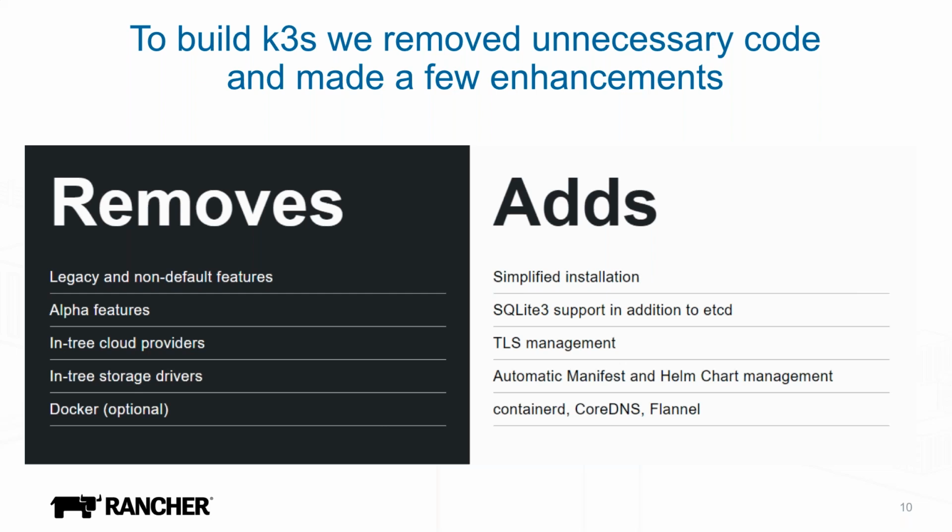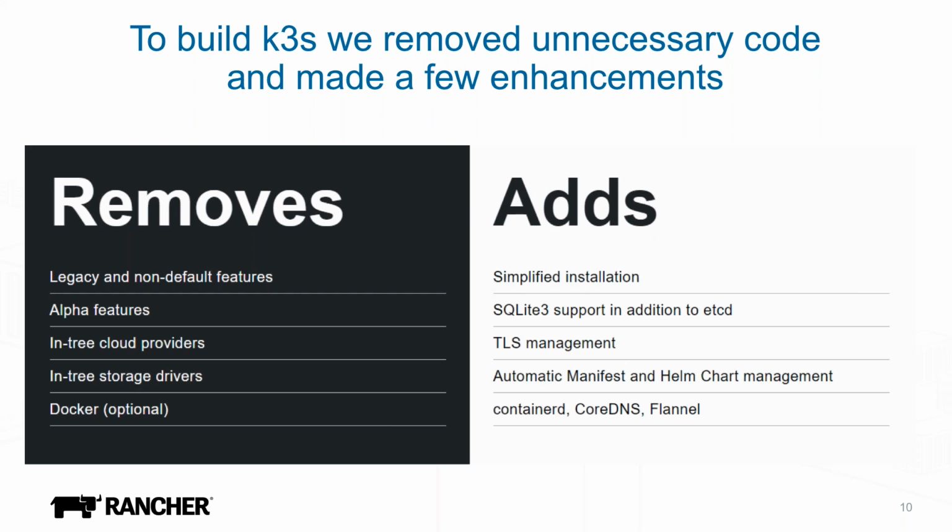But what it means is that you can get auto deployment. So on startup of an edge device, you can have an application already set and ready to go, all the components, the services, the load balancers, whatever you need. When K3s starts, your application is running.